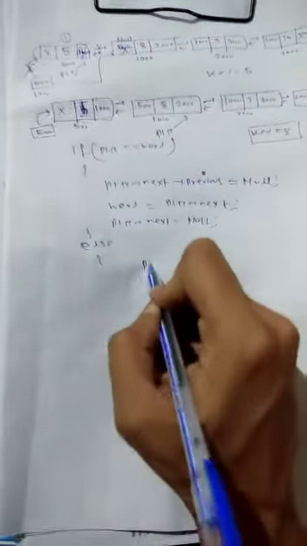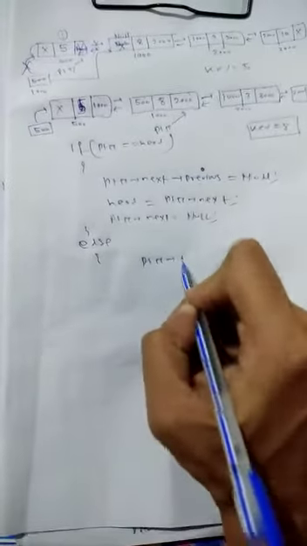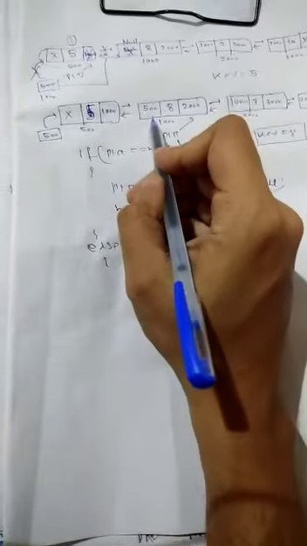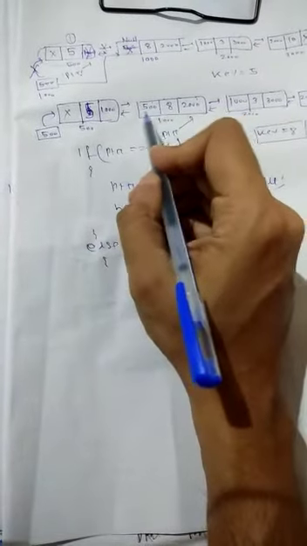So suppose I am writing here ptr previous. What is ptr previous? Ptr previous is this node, previous 500, this node, then this part, then write next. Ptr previous next. Ptr previous gives this node, and next is this part that will be updated.